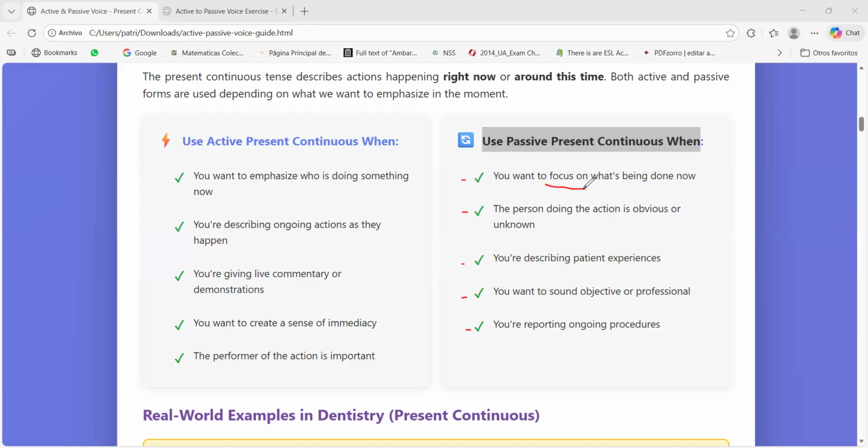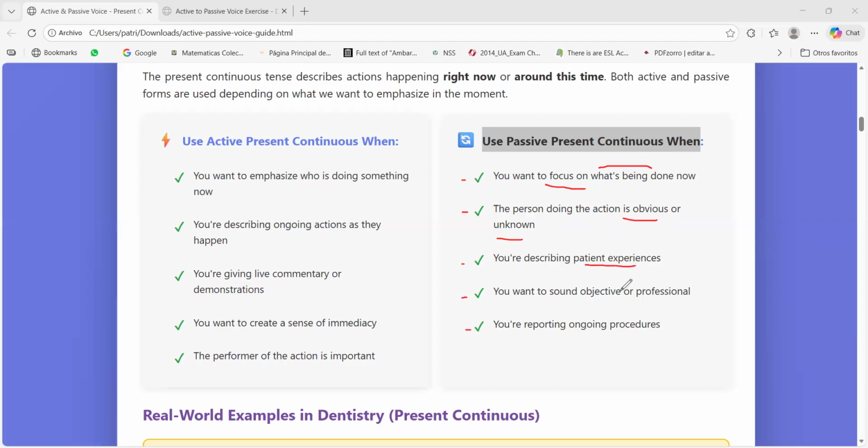Focus on what's being done. Emphasis, importance. When the person doing the action is obvious or unknown, maybe implicit.